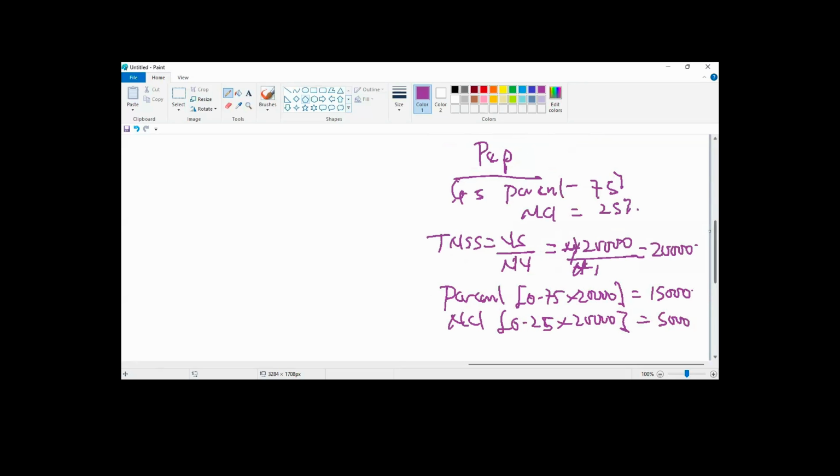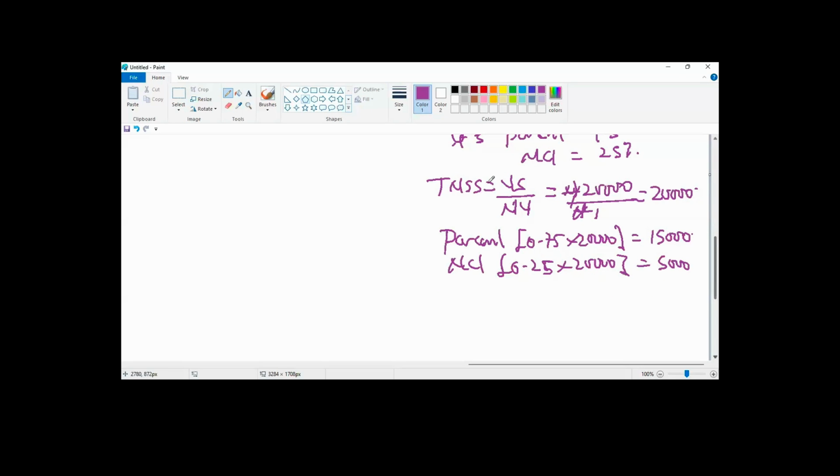Then value of NCI at the date of acquisition: 5,000 times the market price gives me 15,000. So that is all.